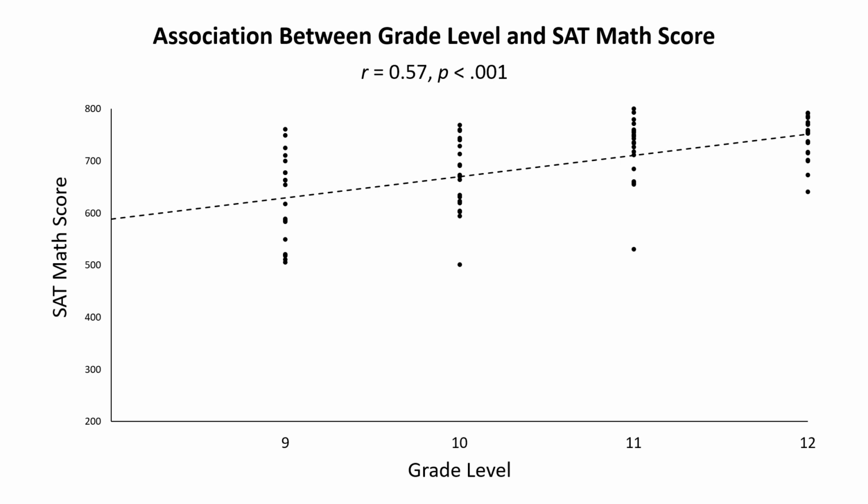The other important component of a correlation coefficient is the magnitude of the correlation. Correlation coefficients can range from -1 to +1, and the closer the value is to 1 or -1, the stronger that association is. So a correlation of -1 or +1 means that two variables are perfectly correlated.